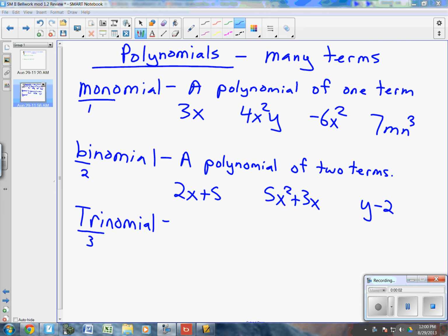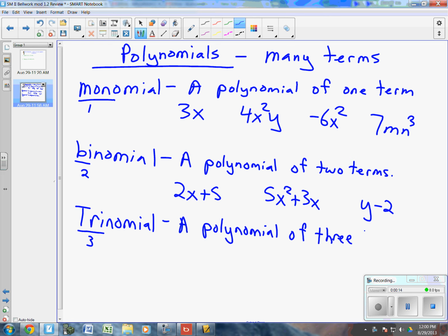Okay, and then a trinomial is a polynomial of 3 terms. Something like that, an uncommon one you see is something like x squared plus 3x plus 4.